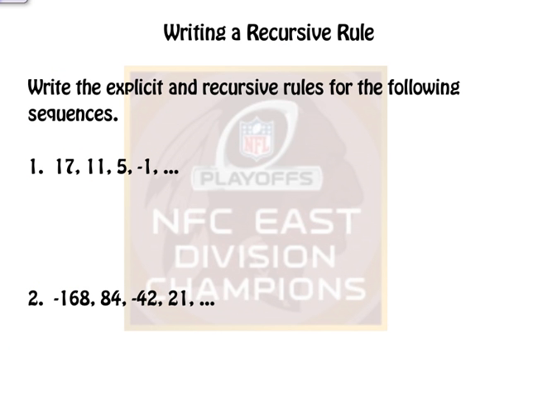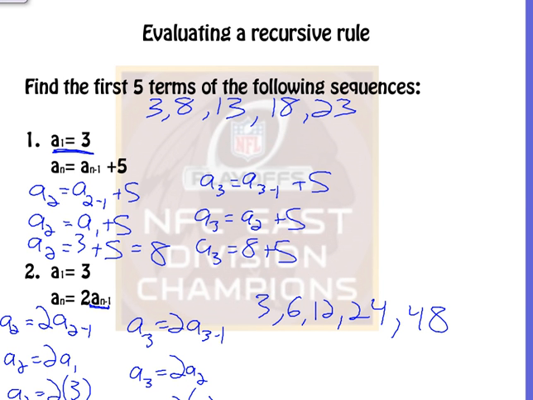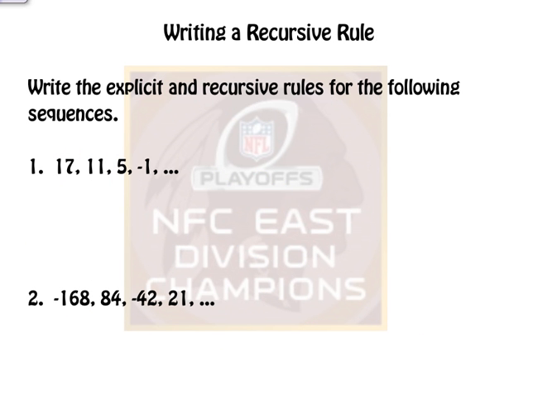Now we're going to look at how to write the explicit and recursive rules for the following sequences. So we just looked at some examples of a recursive rule setup, where for the arithmetic we had a sub n equals a sub n minus 1 plus d. And then for geometric, it's just r times a sub n minus 1.